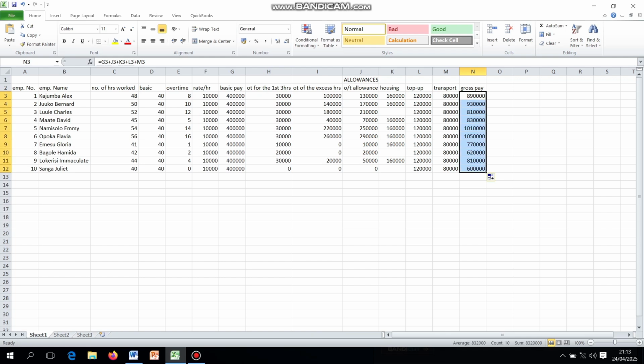Then we shall go to here. We shall calculate. After getting the gross pay, we are going to calculate the taxable pay because it will also be needed in the future.